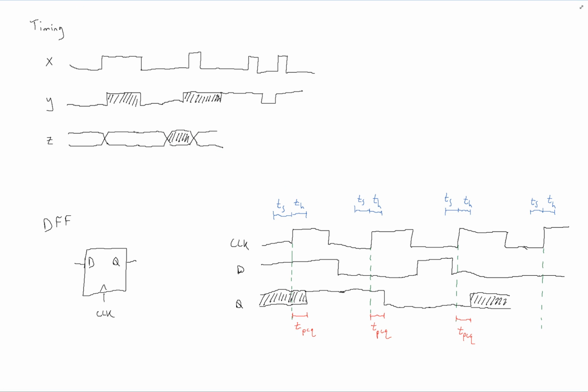It's just that we don't know what it is because we violated the setup constraint, and therefore we're not sure what Q is actually going to be. And Q is going to remain in this indeterminate state until it's corrected by a later proper input. So in this case, D stays low. So after propagation delay, we know that Q becomes low and becomes a valid value of low once again after a propagation delay through the flip-flop itself.